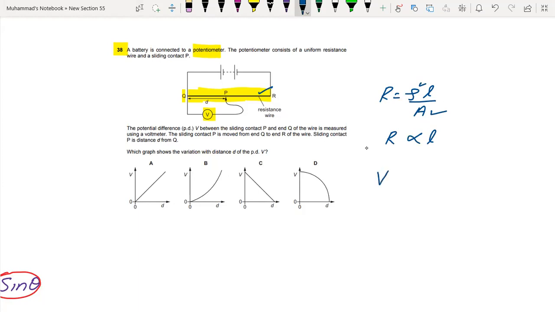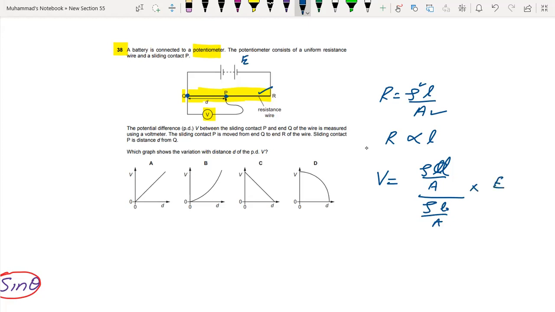And according to the potential divider formula, the potential between these 2 points is resistance of this part of wire, I would say D, divided by total resistance, that is L naught over A, times the EMF of this source.